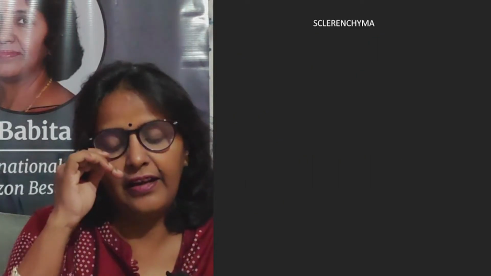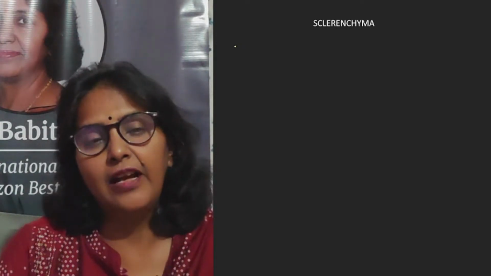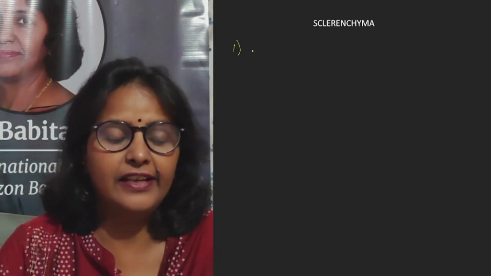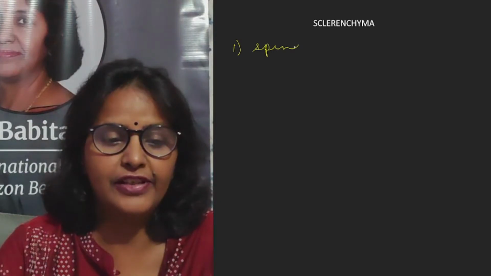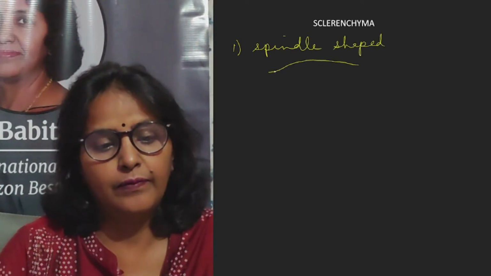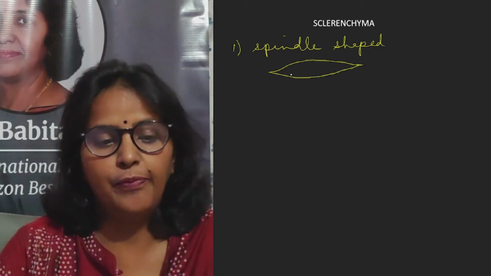Next is sclerenchyma. Sclerenchyma, parenchyma and collenchyma were living tissues. Sclerenchyma is a dead tissue and it is generally spindle shaped, but the shape may vary also. Spindle shape means it is pointed at the corner and thick in the middle.